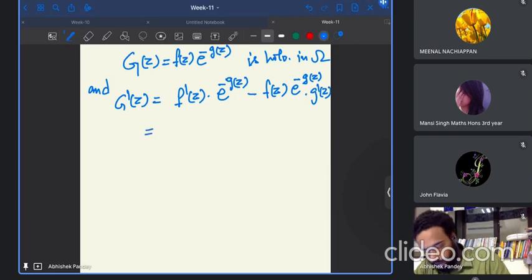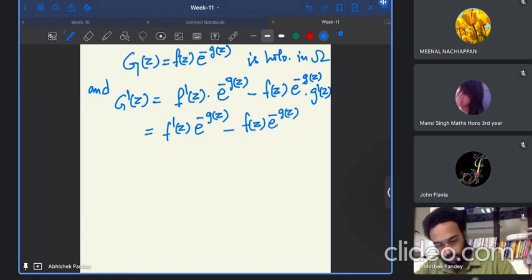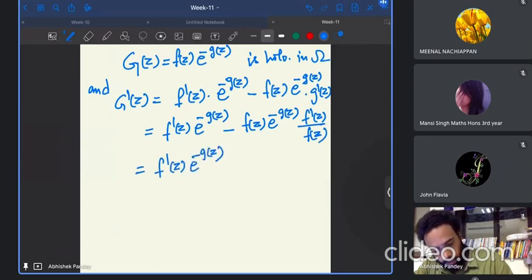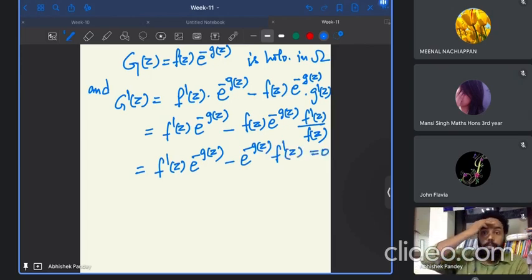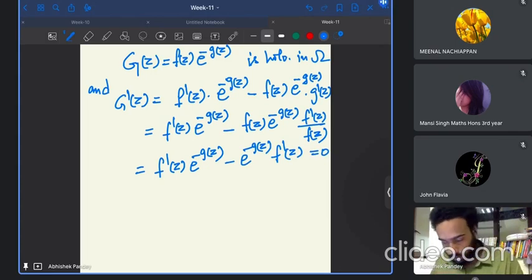If you calculate this, it is f dash z into e to the power minus g of z minus f of z into e to the power minus g z, and g dash z is nothing but f dash z upon f z. Which is f dash z into e to the power minus g z minus e to the power minus g z into f dash z, which is 0. So the derivative of G is 0, and G is holomorphic on omega, so G is constant.